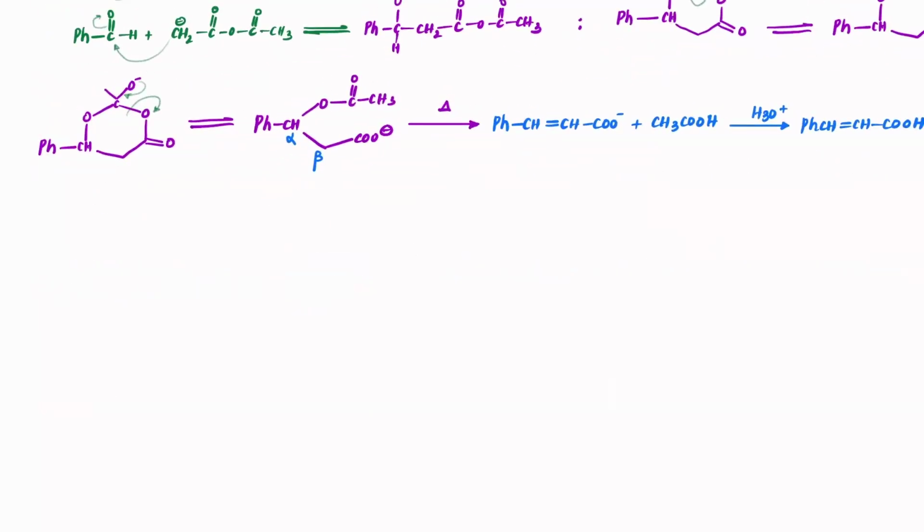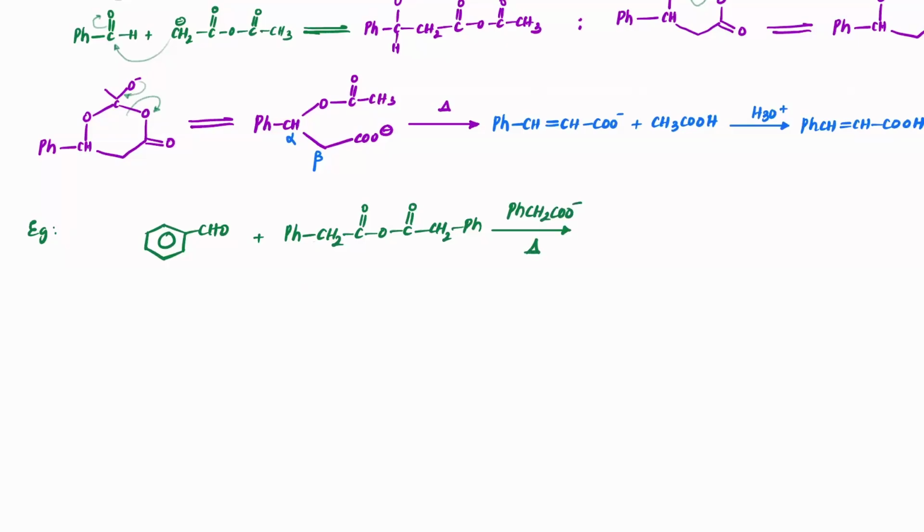Let me show you one example. What if I have something like benzaldehyde, CHO, reacting with Ph-CH2-C double bond O, O, C double bond O, CH2Ph, and that is treated with Ph-CH2-COO minus and heat.